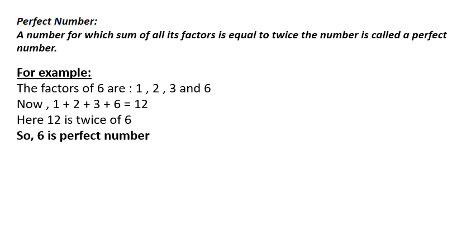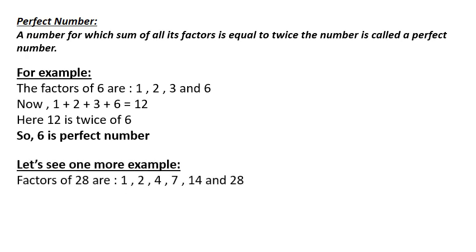Now, let's see one more example, whether 28 is a perfect number or not. So we will find all the factors of 28. Here are the factors of 28: 1, 2, 4, 7, 14 and 28. Now we will find the sum of all these factors, means we will add all these factors.